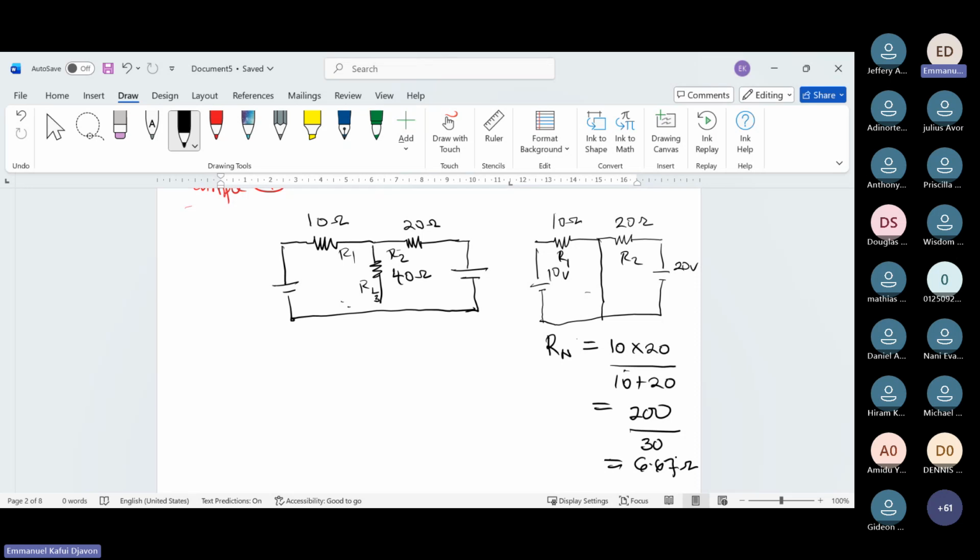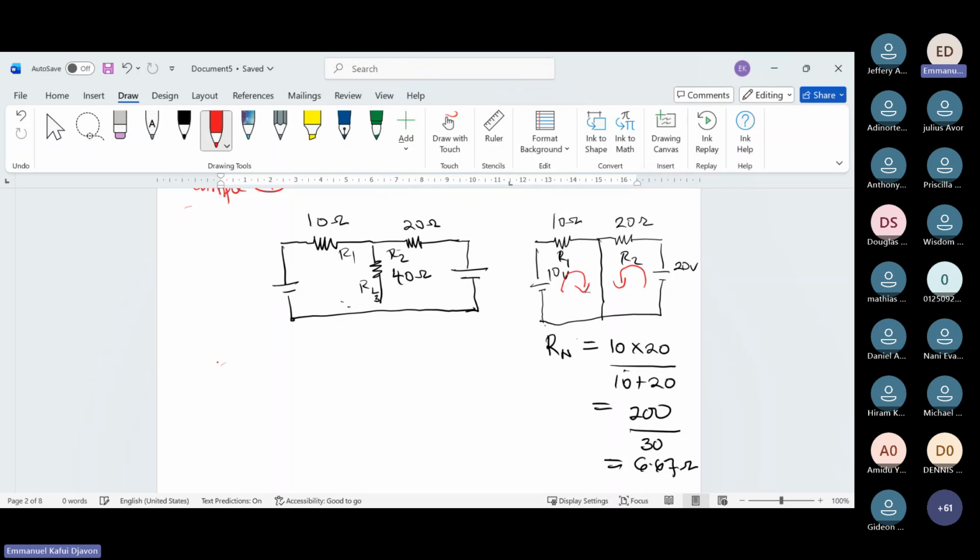To get the current, as you can see, because we have removed this, we have this 10 volts and this 10 ohms. We can look for the current using Ohm's law. Here also we can use Ohm's law. When you look at the direction of flow, the currents are flowing in the same direction. They are going in this direction, and they are also coming in this direction. So for that purpose, I can add up the flow.